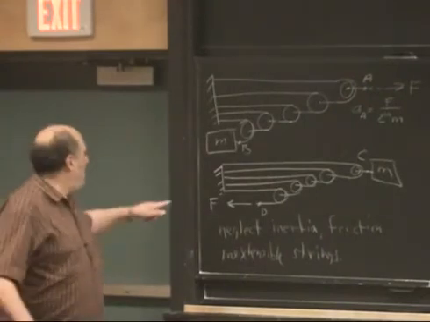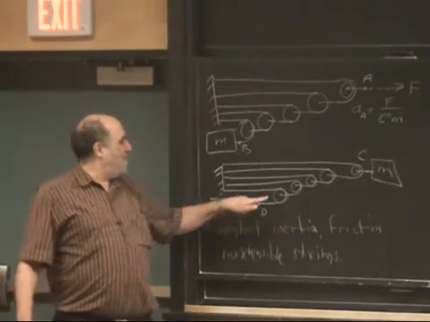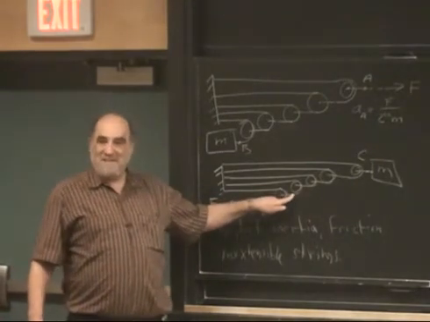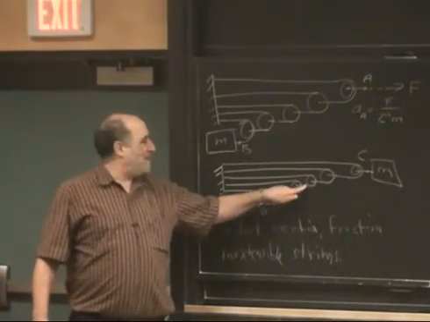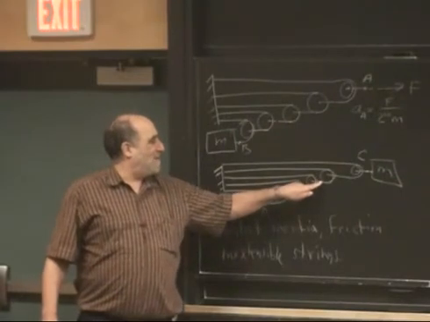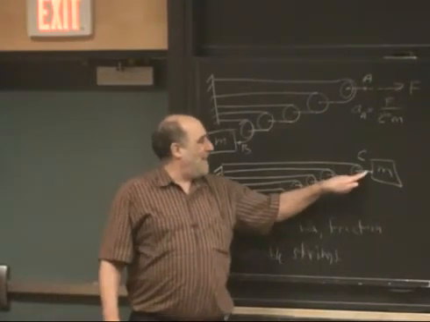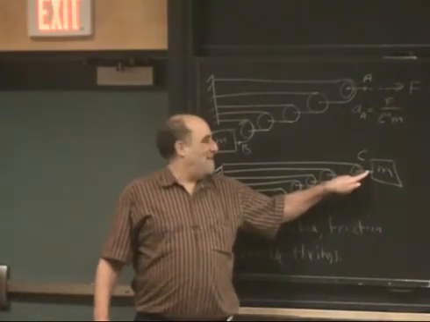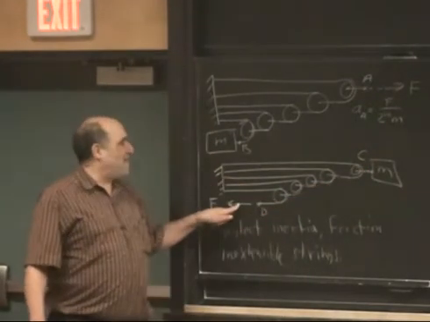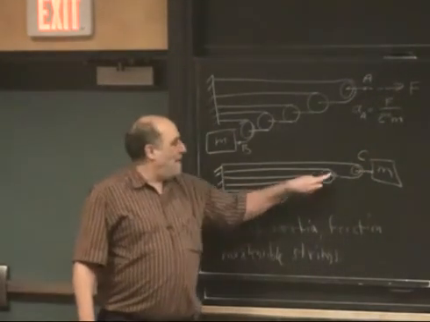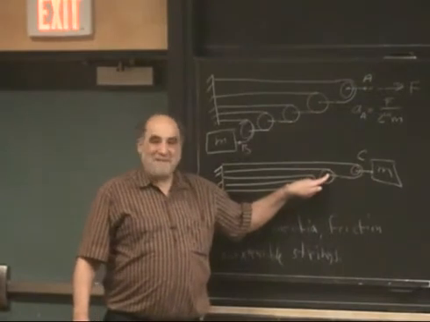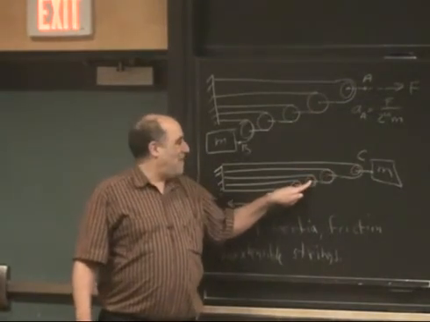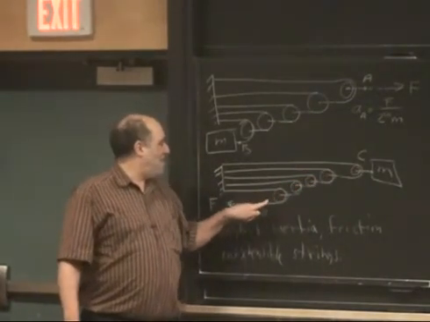Okay, now we do this one. Here we have a force, but twice that force gets here, twice that force gets here, and so on. I did that 5 times. This force is 2 to the 5th times bigger than this one. But when this accelerates, this has twice the acceleration, twice the acceleration, twice the acceleration.